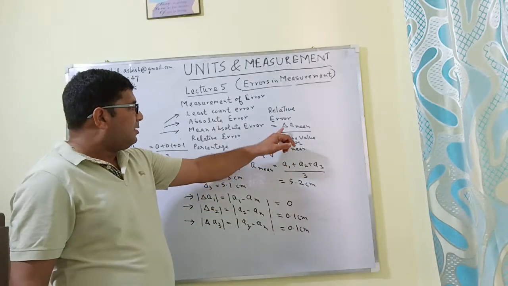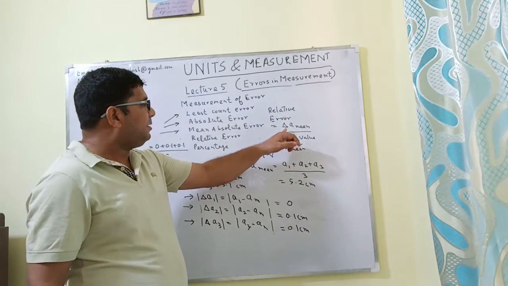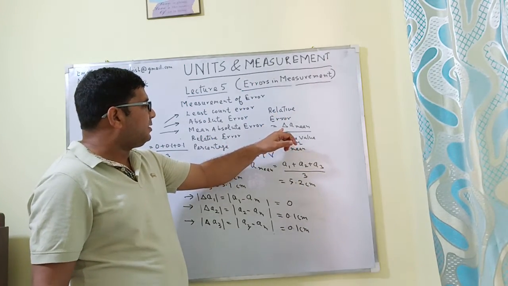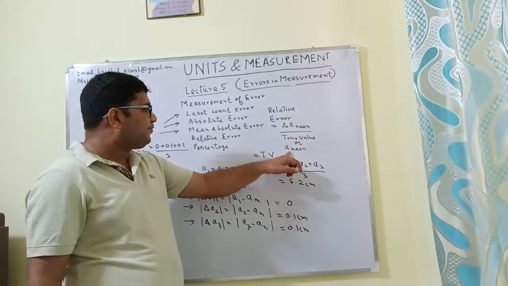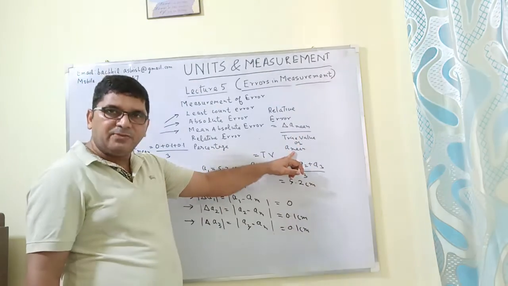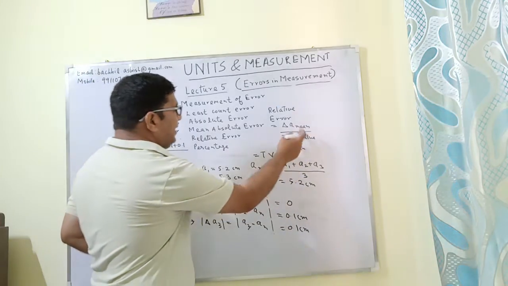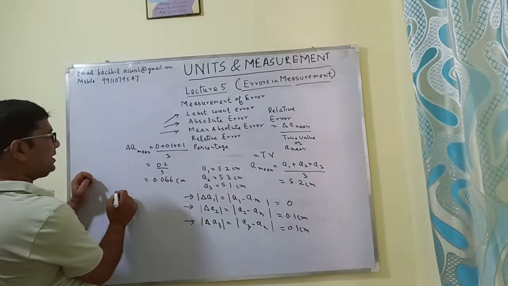So relative error is equal to the mean absolute error divided by the true value or the arithmetic mean value. In this case, what will be the relative error?